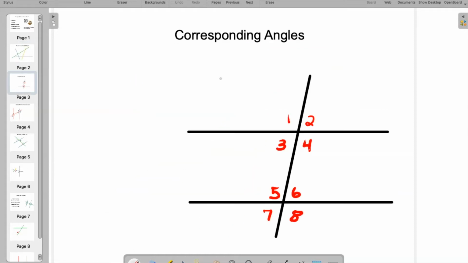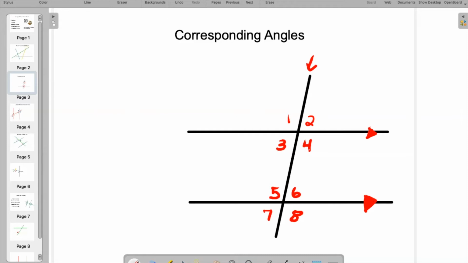Well, that matters because when we have a situation with two parallel lines, the symbol for parallel I'm going to use looks like this. So these two lines are parallel, making this line right here the transversal.